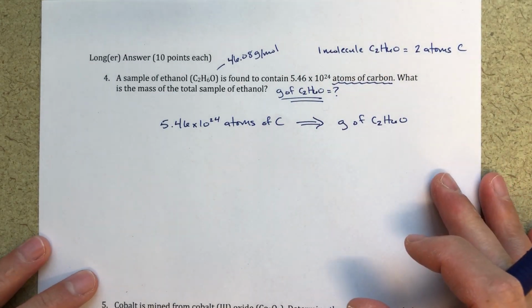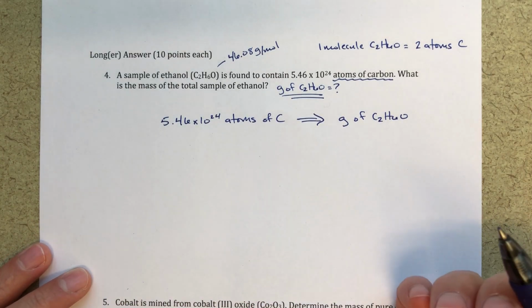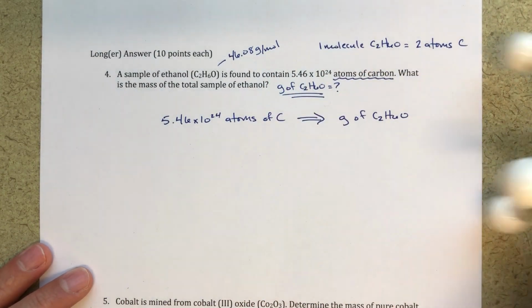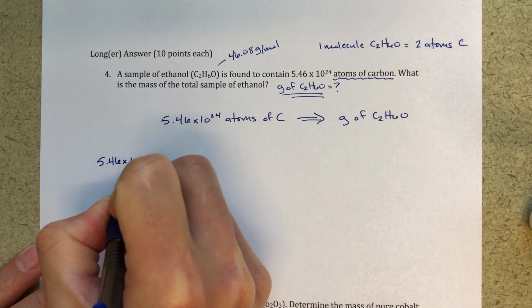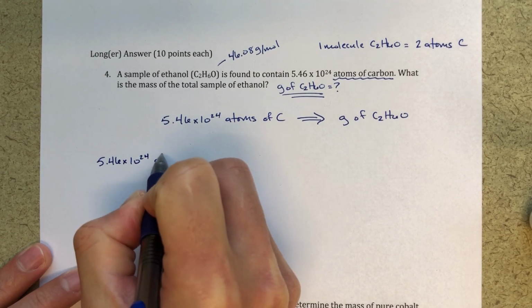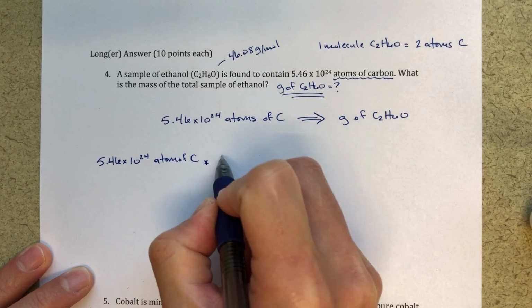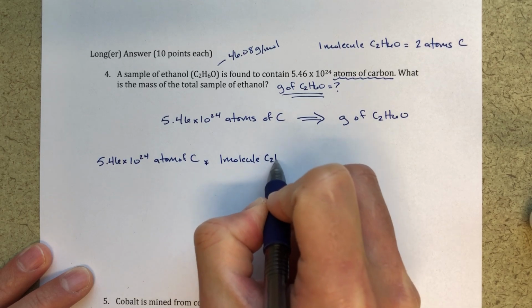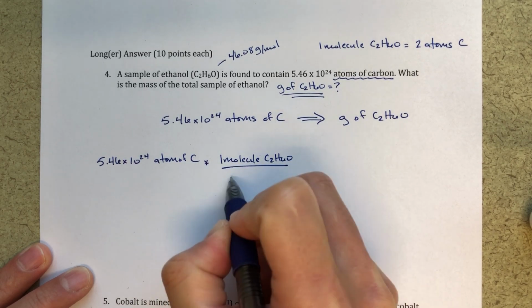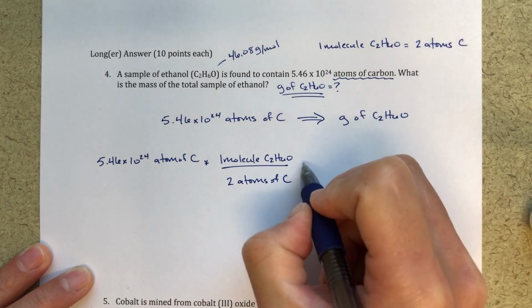So I can use that to convert this number of atoms of carbon into number of molecules of ethanol. So let's go ahead and do that. 5.46 times 10 to the 24th atoms of carbon times 1 molecule of C2H6O over 2 atoms of carbon.